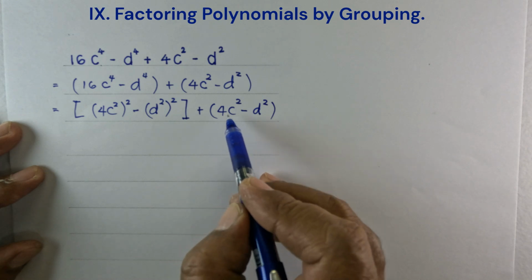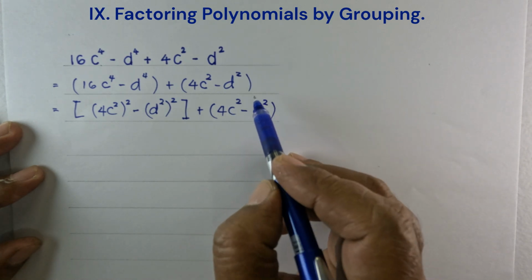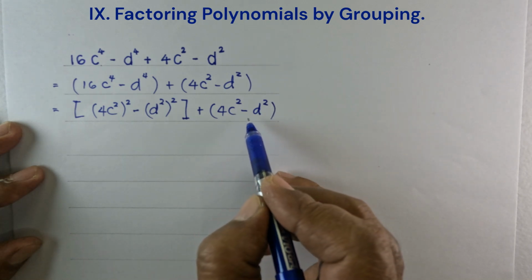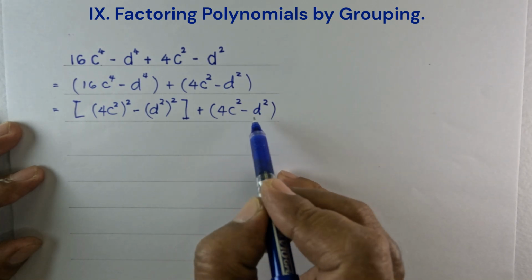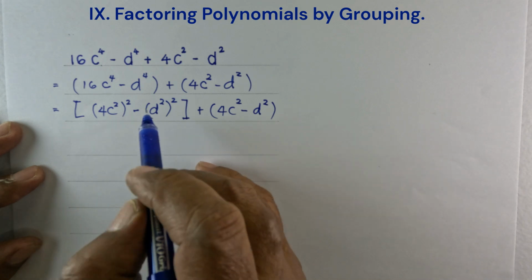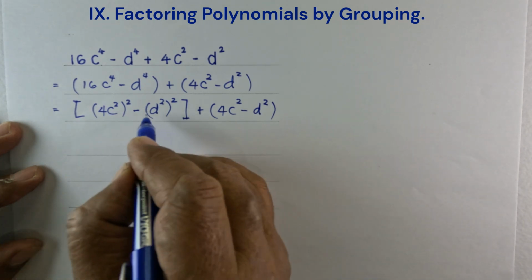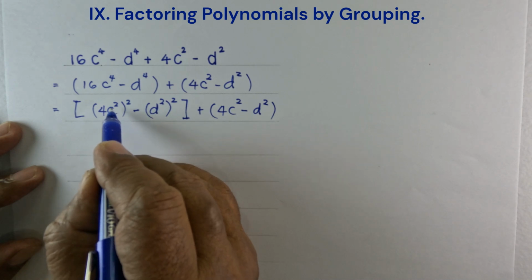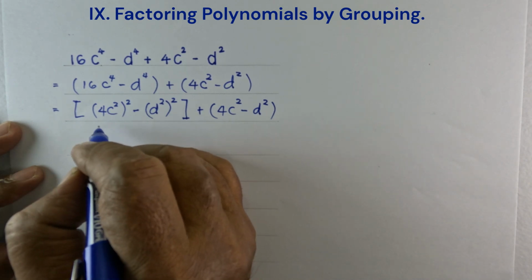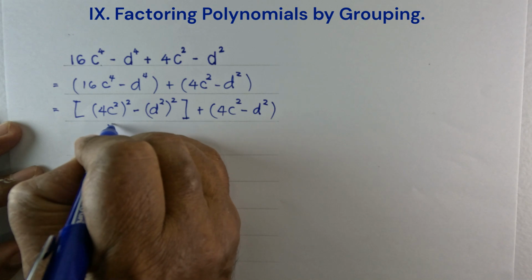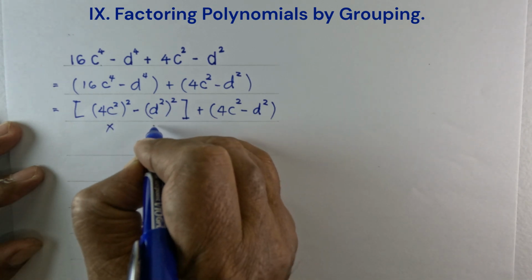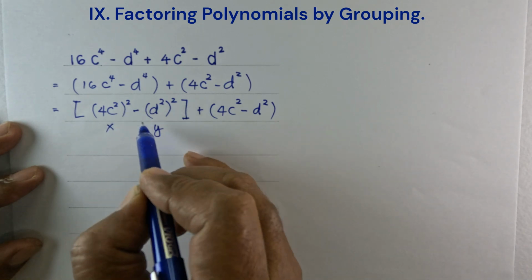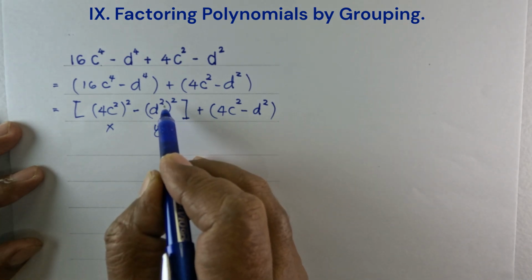Now, although this is also a difference in the squares, we will leave this as it is for the time being. So let's concentrate here. If I denote 4c squared as x and d squared as y, we now have here x squared minus y squared.